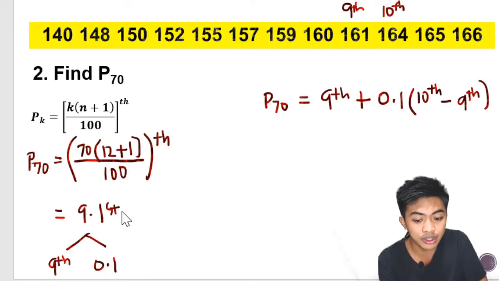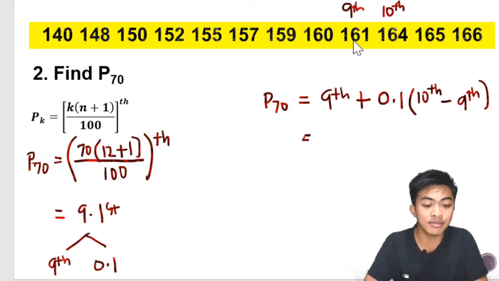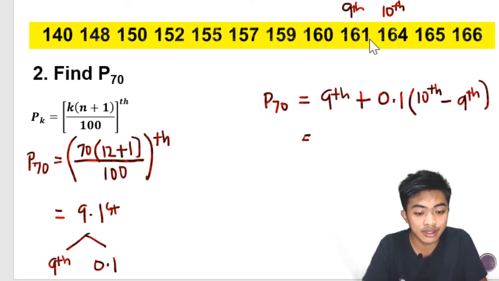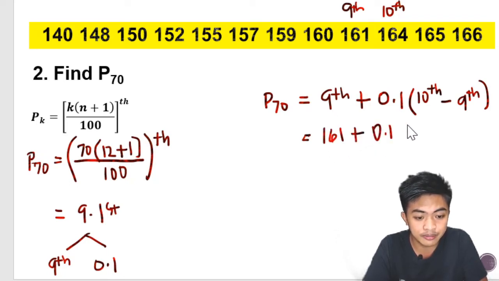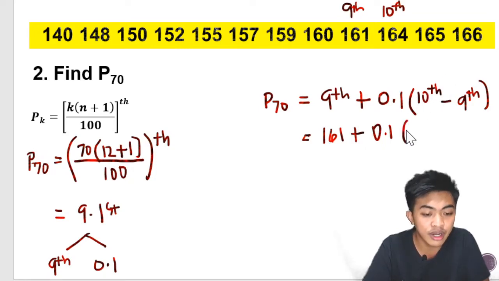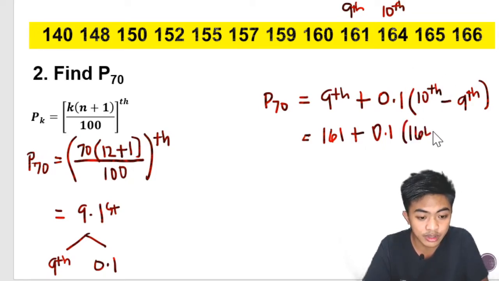Because what we're looking for is in between the 10th and the 9th number. Okay, then we substitute whatever the 9th number is. So 9th number is 161 plus 0.1. 10th number is 164 minus the 9th number, which is 161.